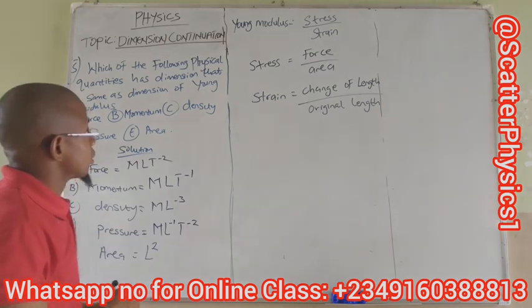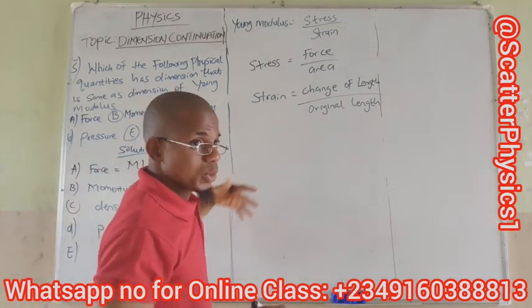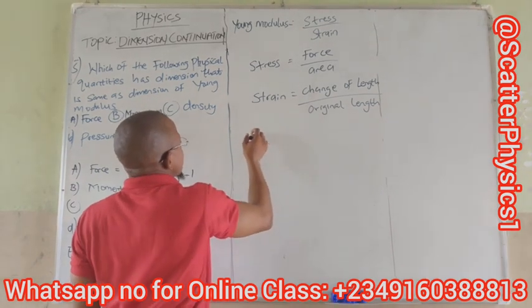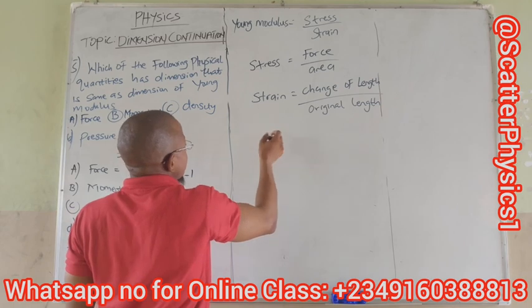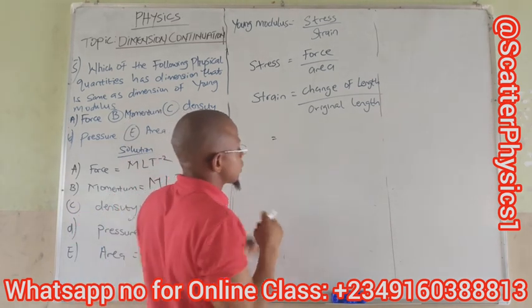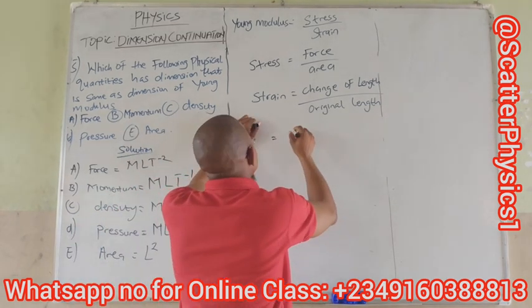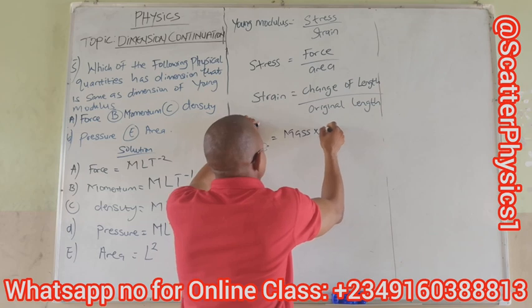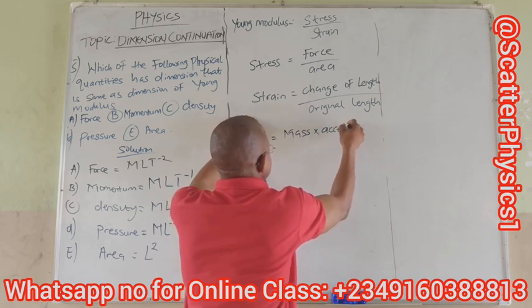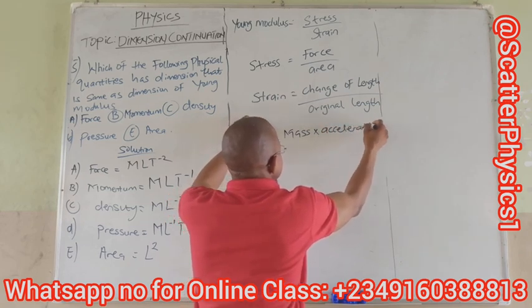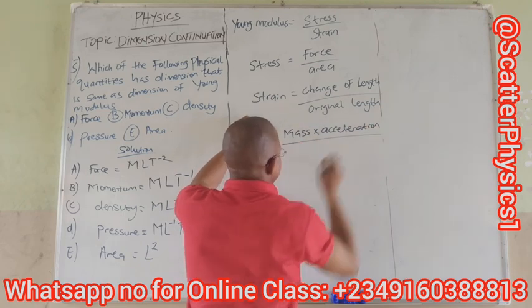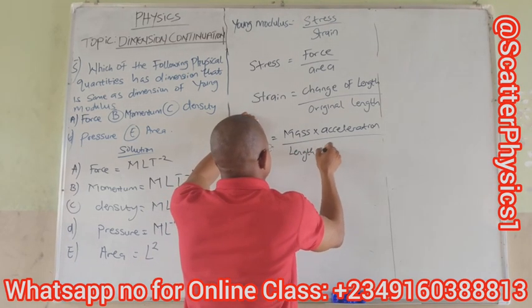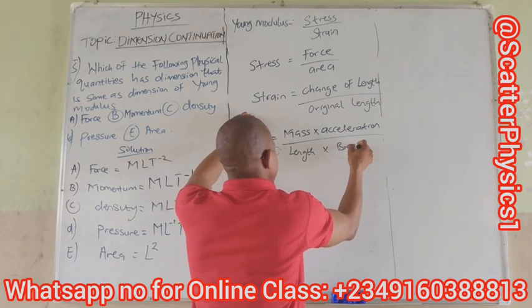So we go again for force, which is mass times acceleration, all over area, which is length times breadth.